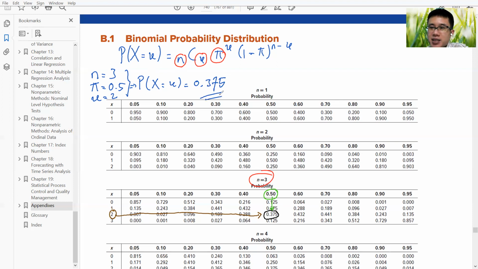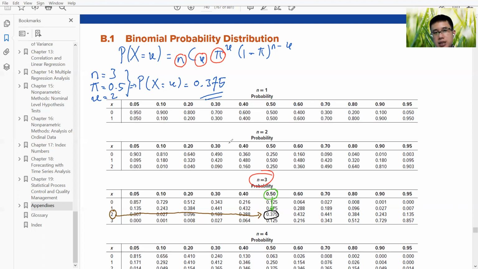I think with this table it is easier to find this probability. But a problem happens if our phi, our probability of success, does not exist in this table. If we are in that problem, of course we cannot use this table, and perhaps we can use other tools like a calculator or the Excel file.